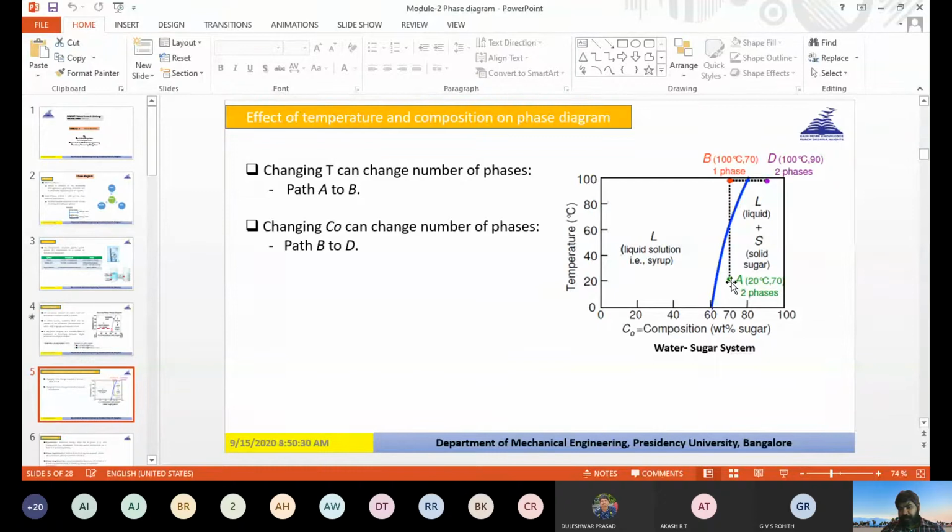So here we are having two phases. So I have written two phases. What will be the phases? Liquid plus solid sugar, meaning syrup plus solid sugar will be there. Now suppose you want to move from two phase to the single phase. So what you have to do? You just heat it up. Suppose you want to go from this two phase mixture to one phase mixture.